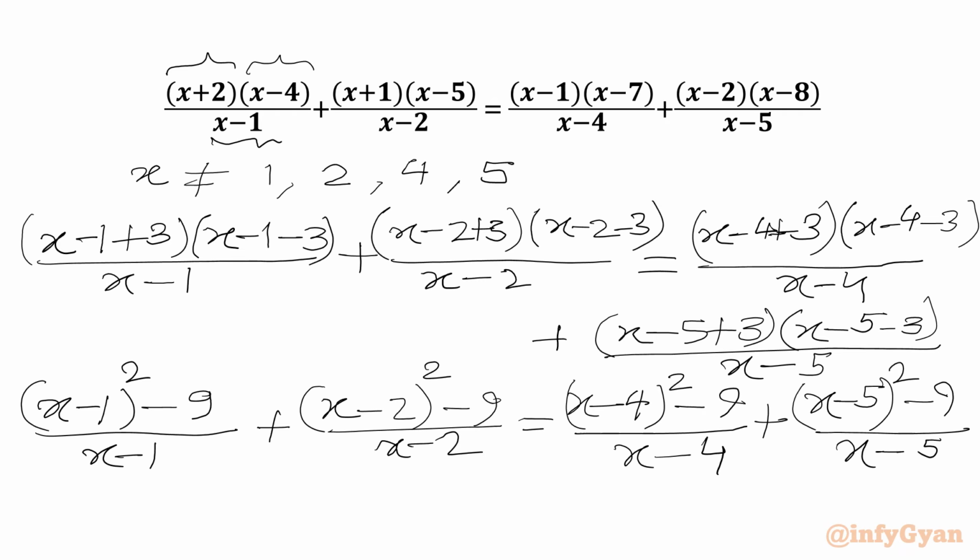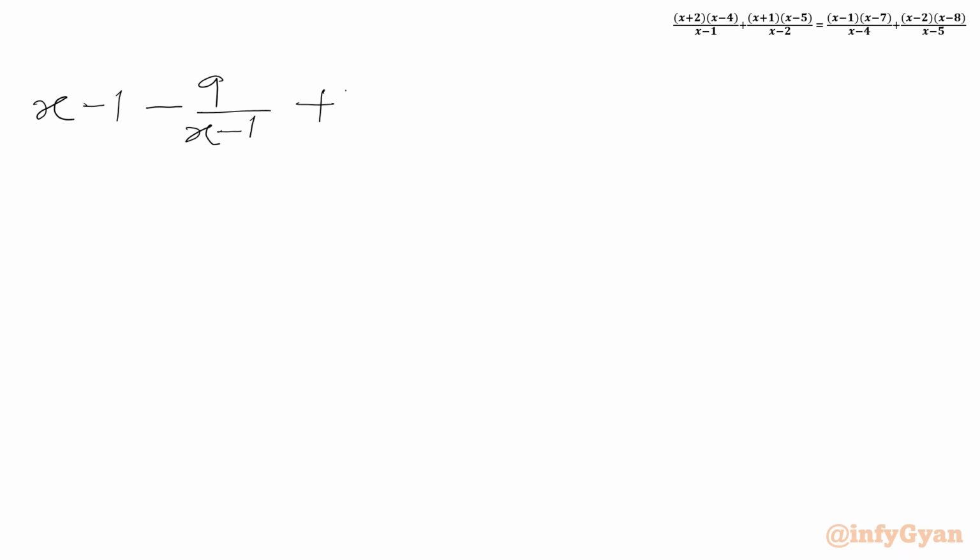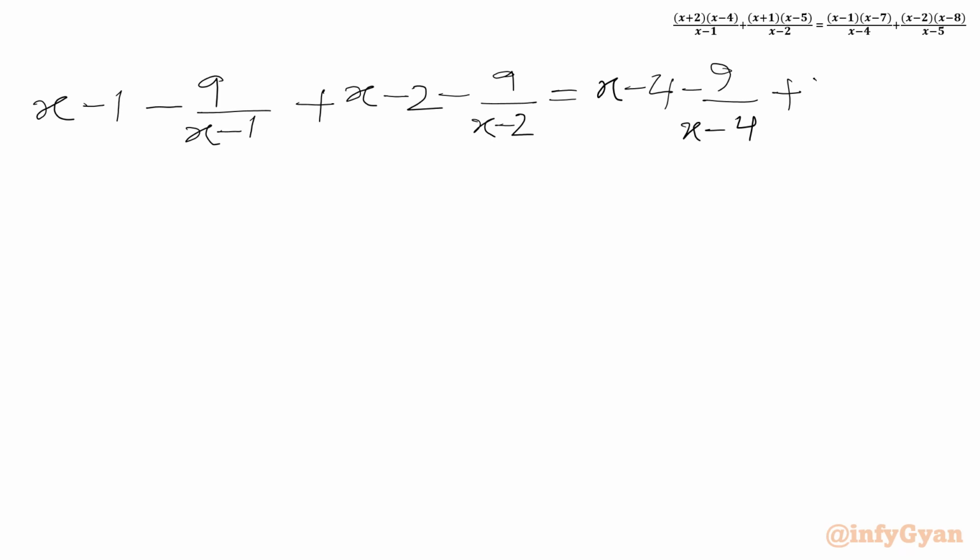Now we will split numerator with respect to denominator. We will get x minus 1 whole square over x minus 1, x minus 1. Then minus 9 over x minus 1 plus x minus 2 minus 9 over x minus 2 equal to x minus 4 minus 9 over x minus 4 plus x minus 5 minus 9 over x minus 5.